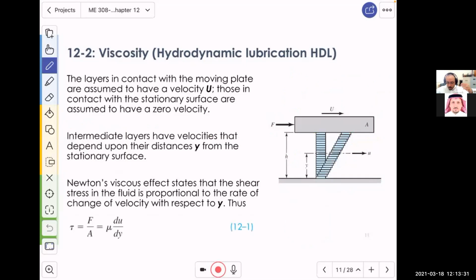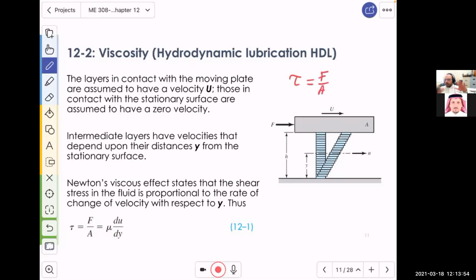Now, let's go back to our discussion. If we look at the shear stress, the fluid is sitting, and then there is a force trying to shear it off. Then if we calculate the surface area with that force, we will calculate the stress.